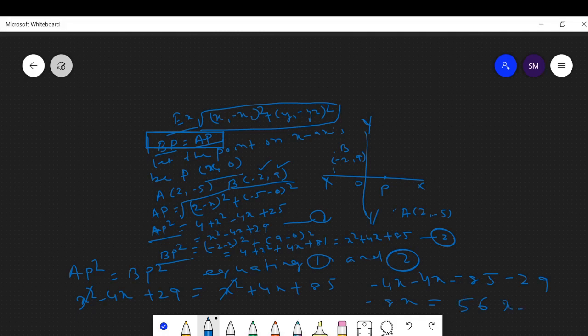Then x is equal to 56 divided by minus 8, which is equal to minus 7. Means we find the value of x is minus 7, which means P with coordinates x, 0 has the coordinates minus 7, 0.